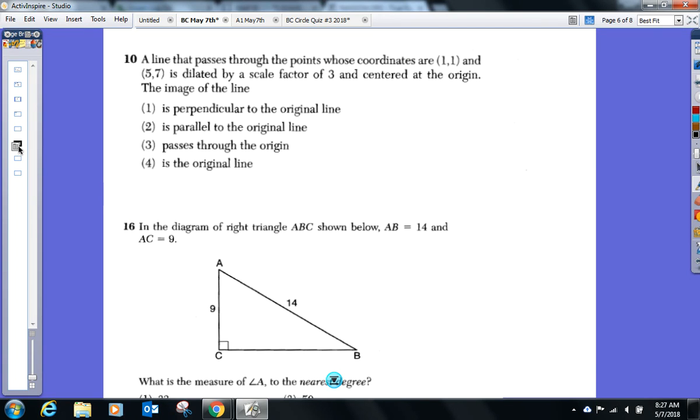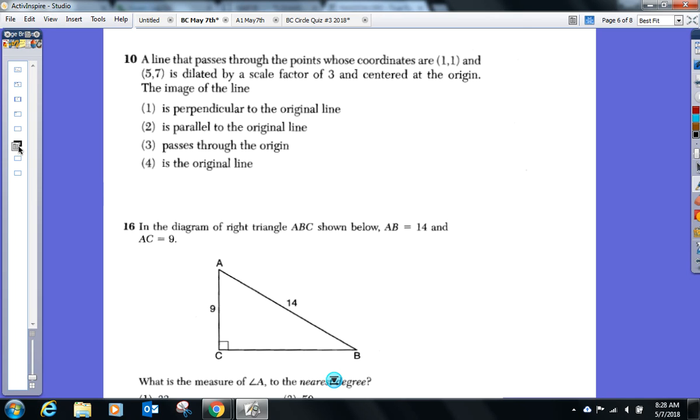All right, go to number 10 on the Regents I just gave you. Read through number 10.